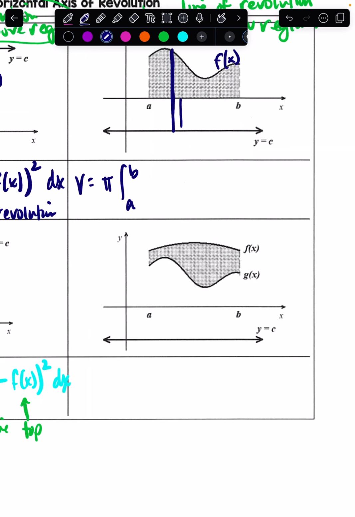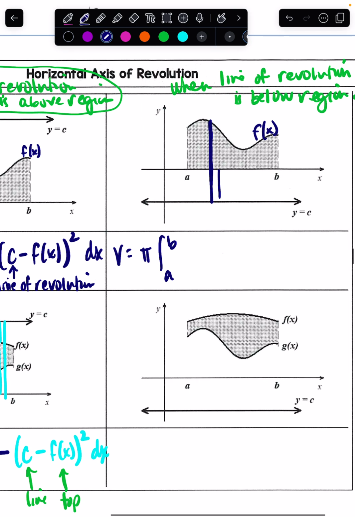You can write that however you want. I like to always think about it as the same, so I'm going to do f of x minus the line. That's this whole thing. Or you can have f of x plus c if you want. C in this case happens to be negative. And then the second piece is minus, now you've got to take this hole out. What is that hole? Just your line. So minus c squared.